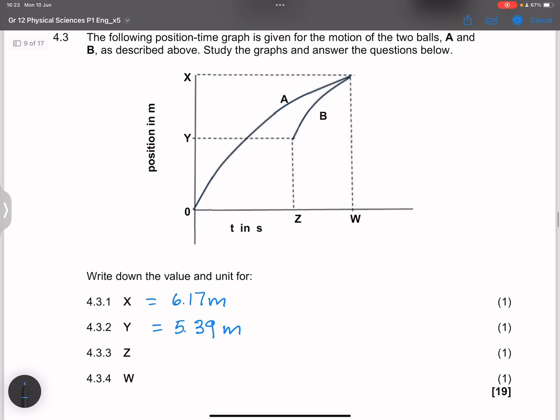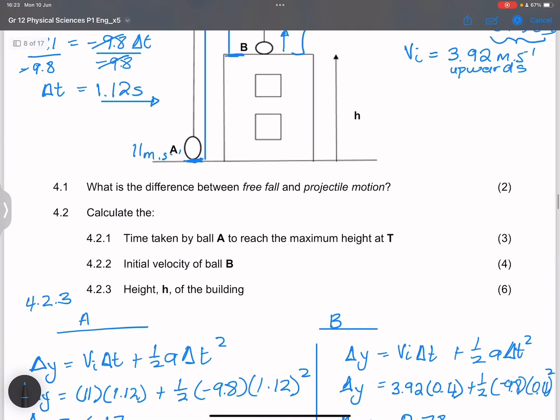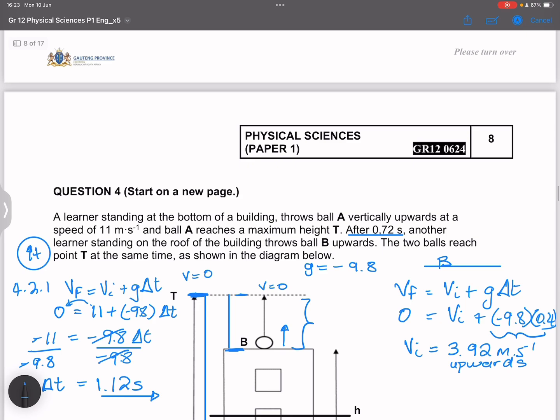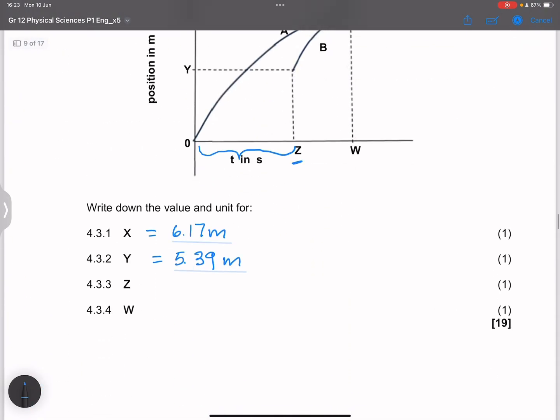And they said Z. So Z would be time. Okay, so this is the time difference between when A was projected and B was projected, right? So if you remember, we said that time was actually 0.72. So that's the time delay at 0.72 seconds.